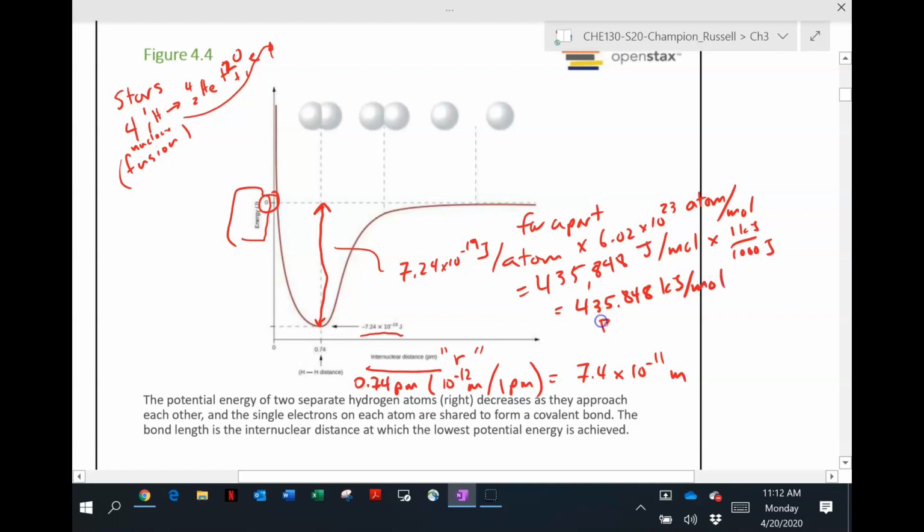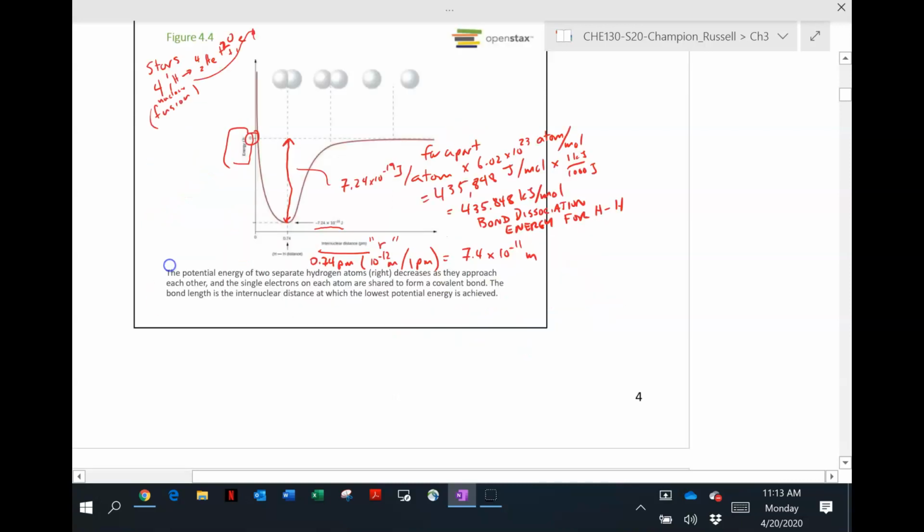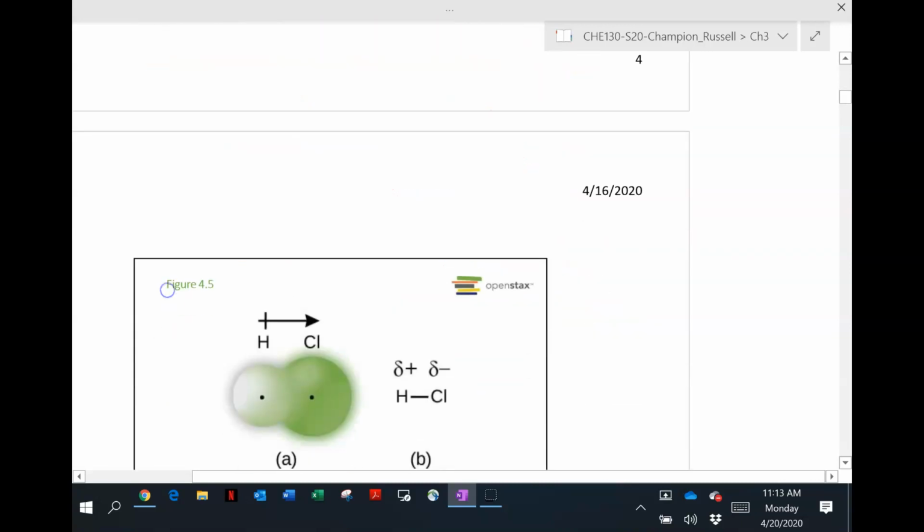That's called the bond energy, or the bond dissociation energy, for that hydrogen single bond. So that's what that energy is, and you'll deal with that when you get into general chemistry more. But I think it's a good image to keep in your mind of how that occurs.